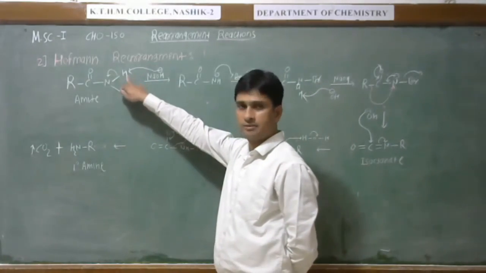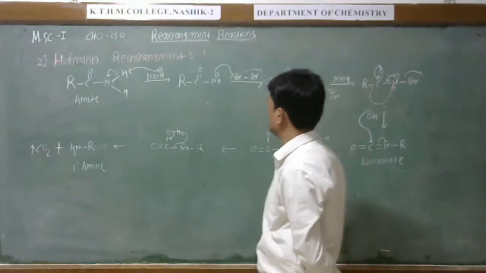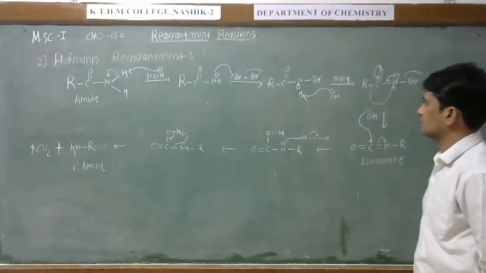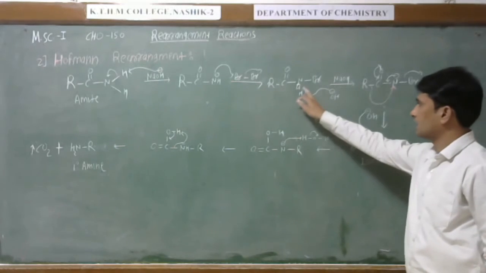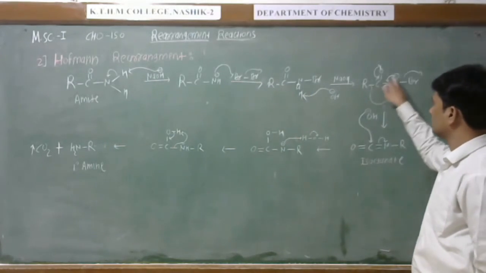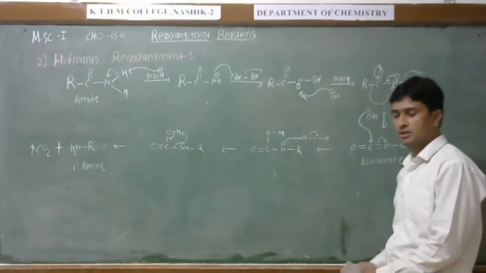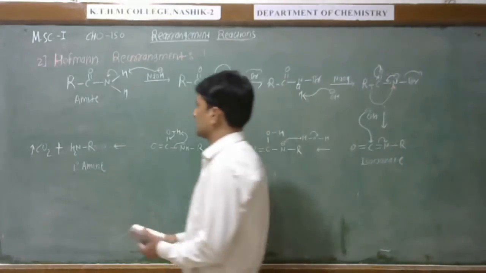In the first stage this hydrogen will be absorbed, and in the third stage this hydrogen will be absorbed, and there is a formation of negative charge on the nitrogen.